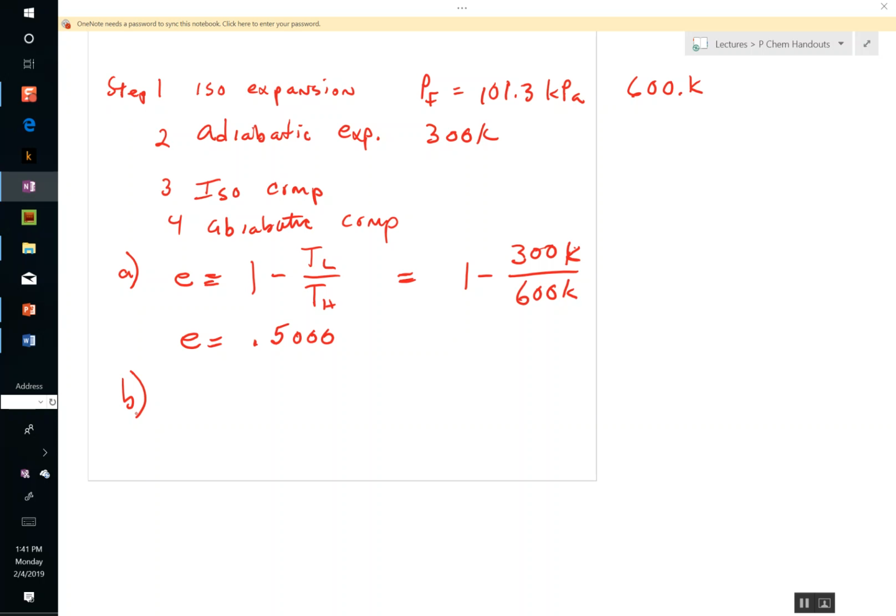So Q high is Q1, or the Q at step number 1 would be Q high. And the Q at step 3 equals Q low.